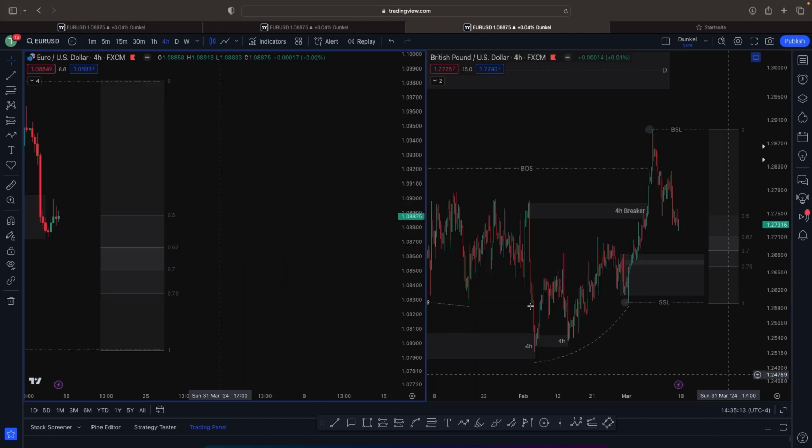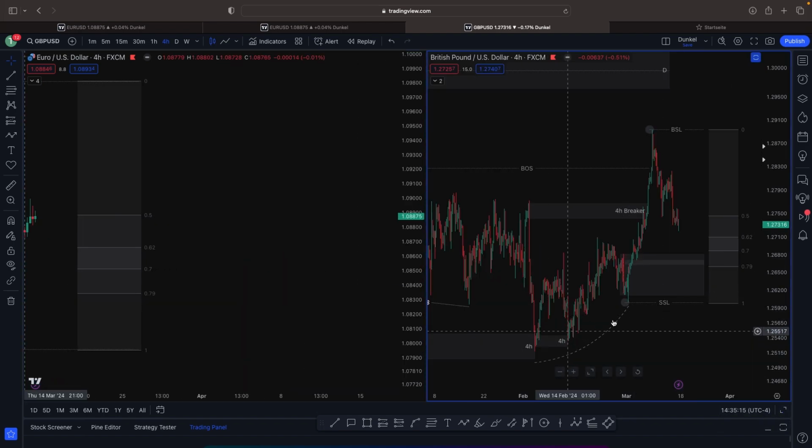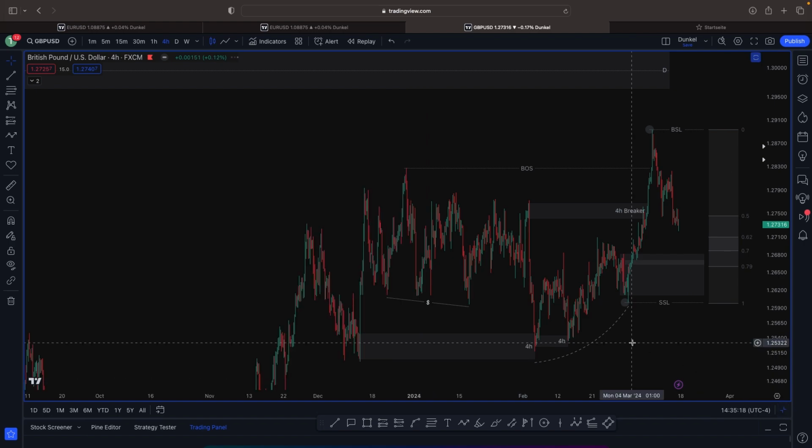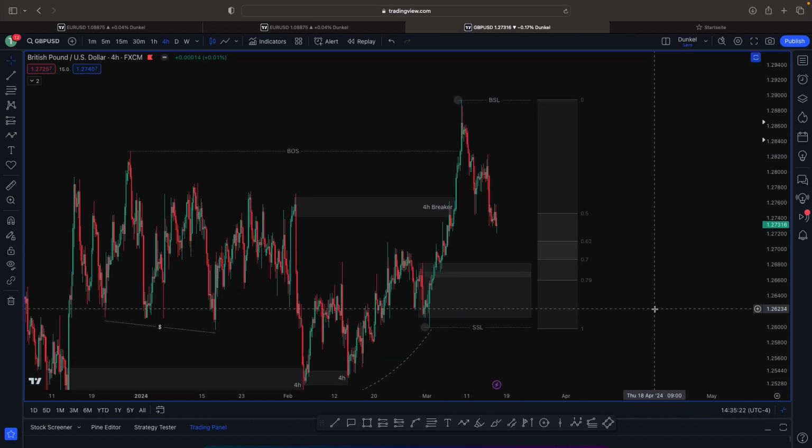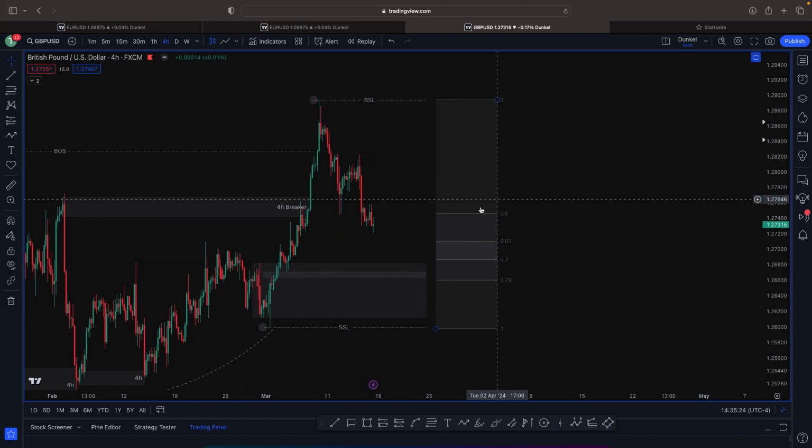Same goes for GBP/USD. We have the smart money reversal on the higher time frame, and on the lower time frame we have external liquidity. We have this range. We also already returned to equilibrium, so we could look for a PD array where we could potentially enter.